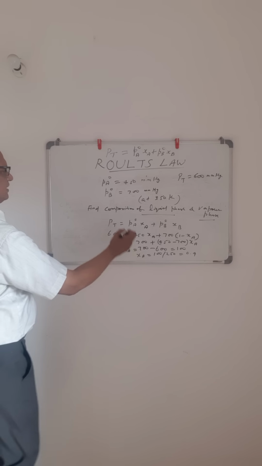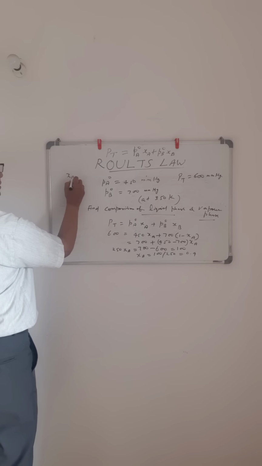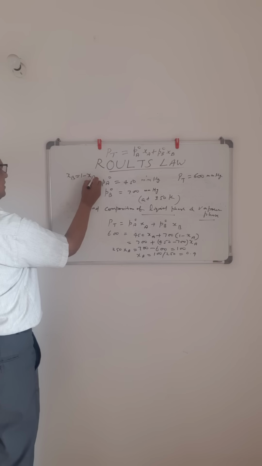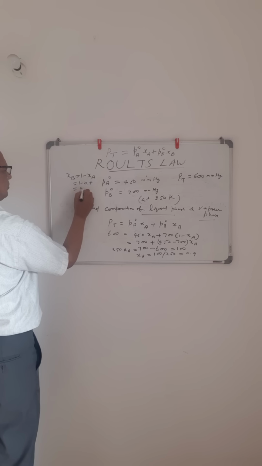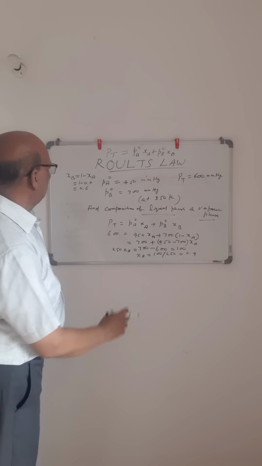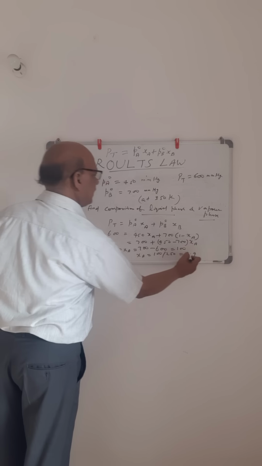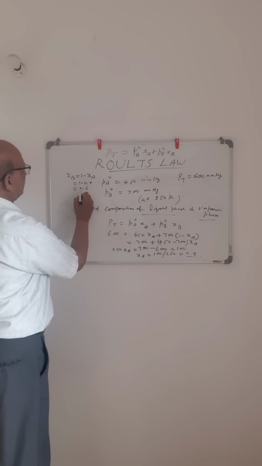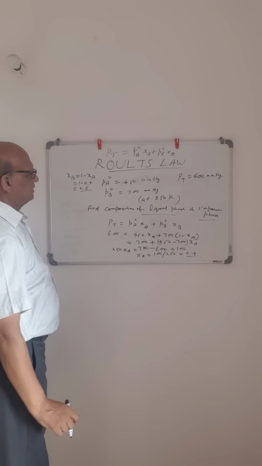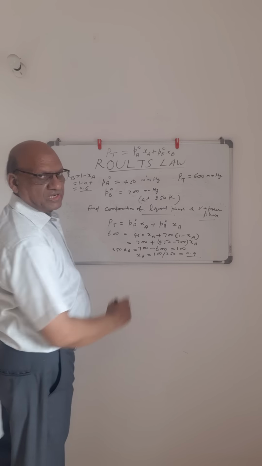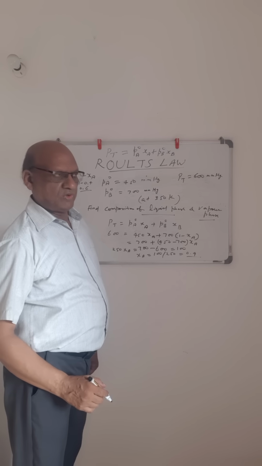And once we know XA, then XB will be 1 minus XA, that is 1 minus 0.4, that is 0.6. So we have found out the composition of the liquid phase, where the mole fraction of A is 0.4 and the mole fraction of B is 0.6. Now we also have to find out the composition of the vapor phase.